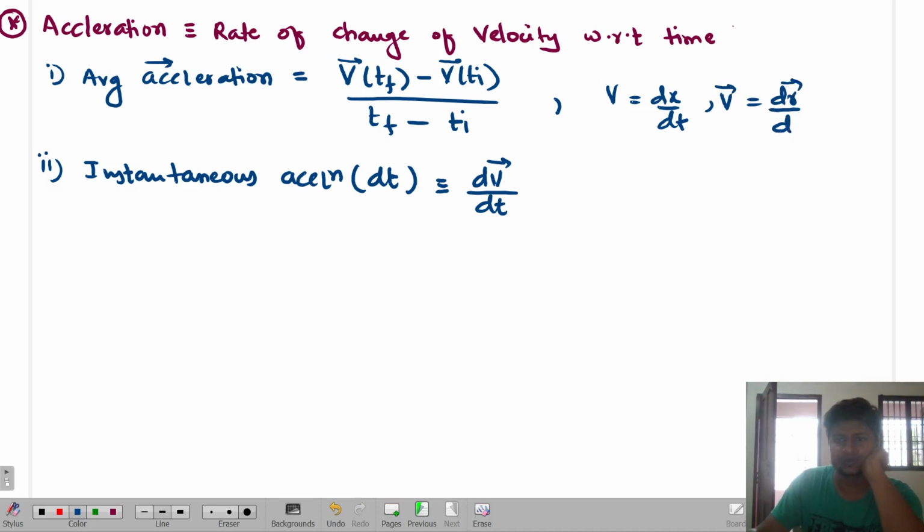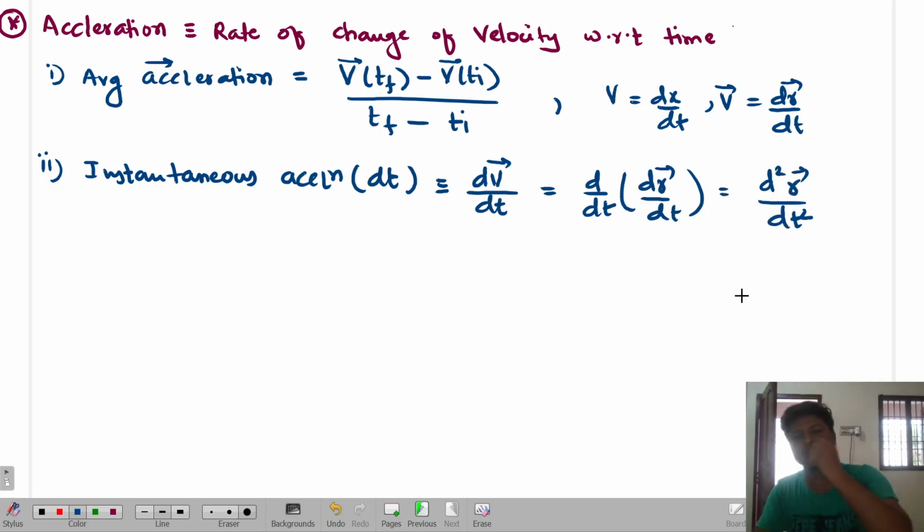So let us write in terms of dr by dt. So it will be d by dt of dr vector by dt, which can be written as d2r vector divided by dt square. Is this clear? That is the form of instantaneous acceleration.